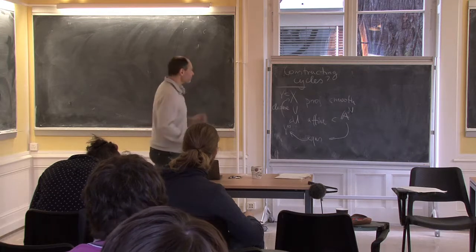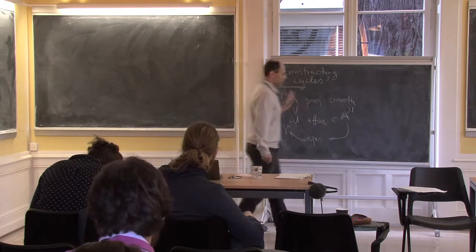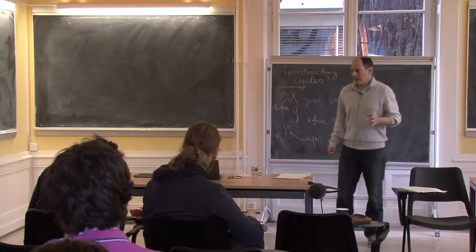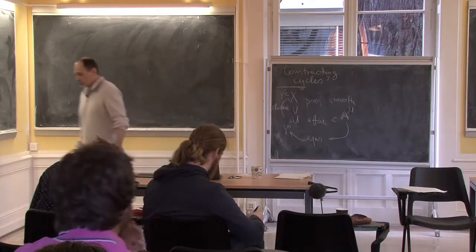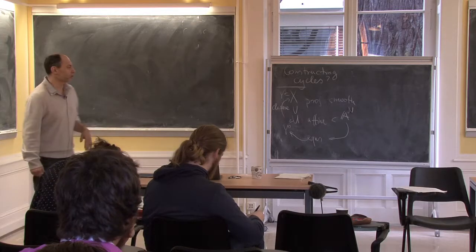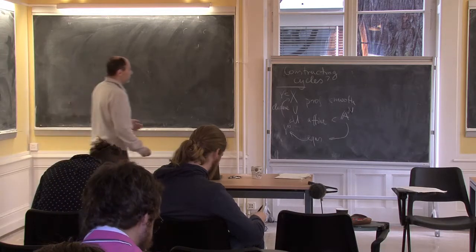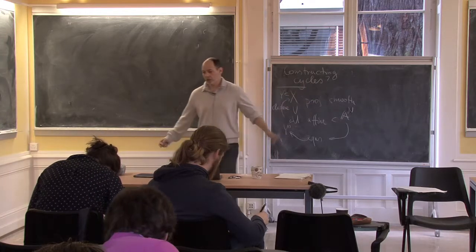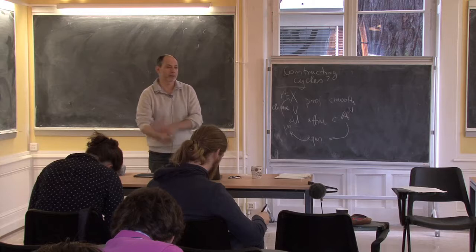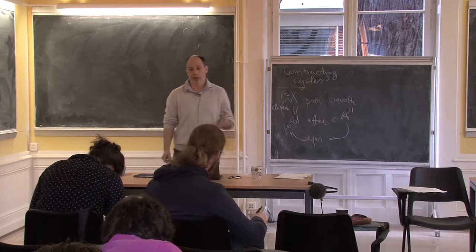Okay? So that's the issue with which we are fighting now, and what we are doing, and what I started doing last time, is to construct more interesting cycles that appear on, say, projective or arbitrary quasi-projective varieties. And these cycles are the Chern classes.